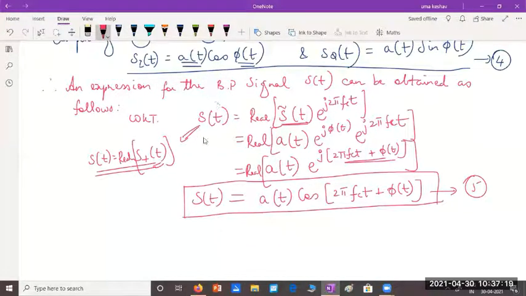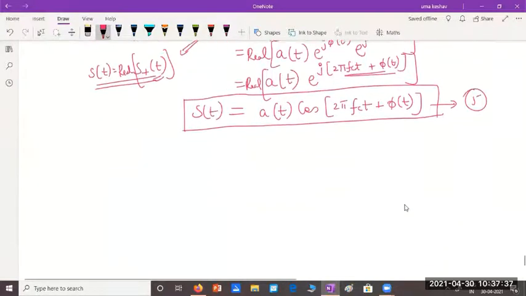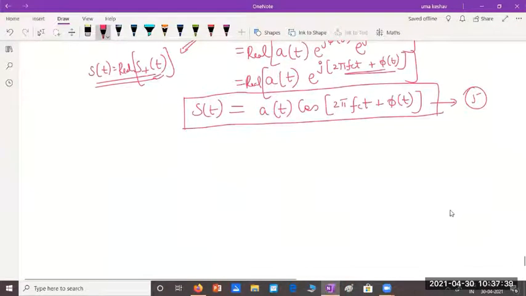Finally, we tried to write an expression for the bandpass signal in terms of amplitude and phase, and we got the expression as S of t is A of t, the amplitude, cos of 2 pi fct plus phi. Don't forget what is A of t and what is phi of t. Is this clear? All we are doing is something which you know already.